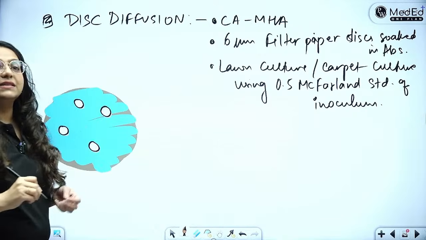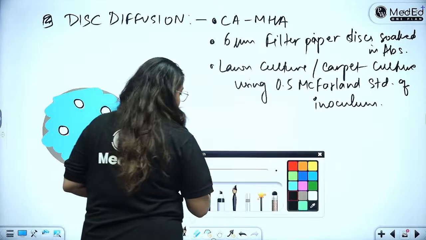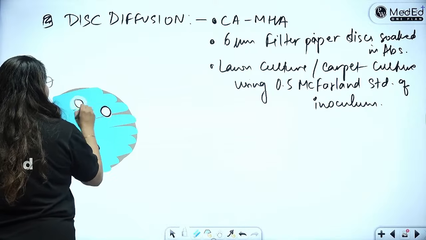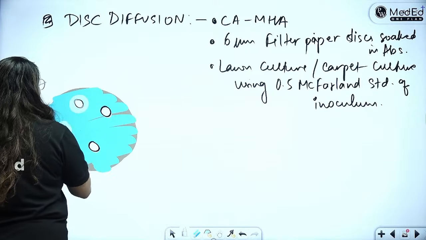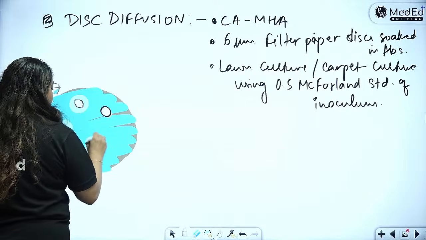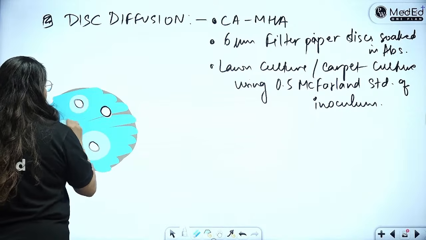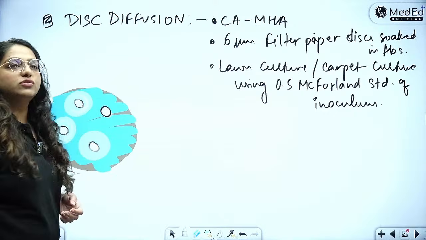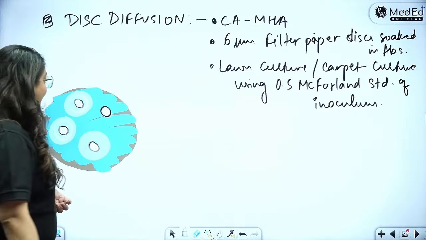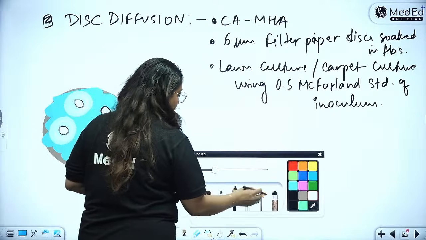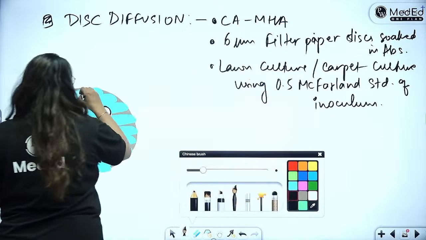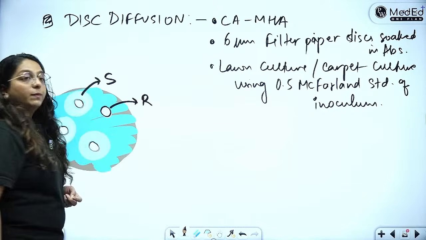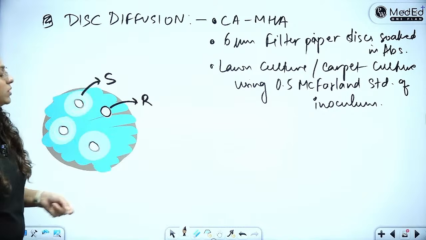If my bacteria is susceptible, there is going to be a zone of clearing around these, as if somebody has erased all of the colonies from around. So I am going to see big zones of susceptibility around these discs. And if the bacteria is resistant, I will not see any zone. So I will label that this one over here is susceptible, whereas this one over here is resistant, because the bacteria is going right up to the edge of the disc.